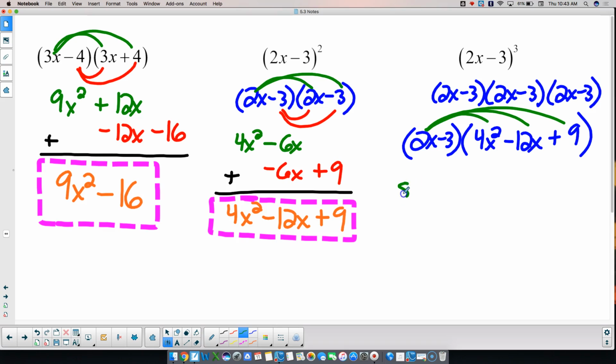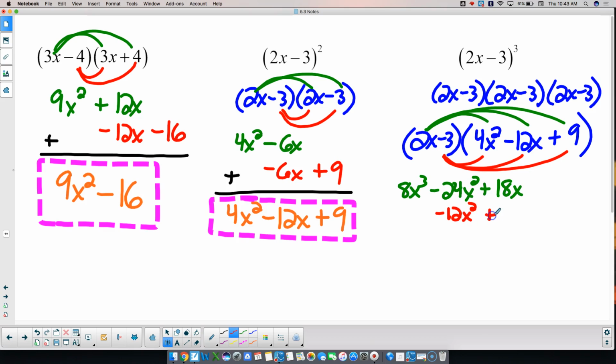So that's 8x squared, or excuse me, 8x cubed minus 24x squared plus 18x, negative 12x squared plus 36x minus 27.